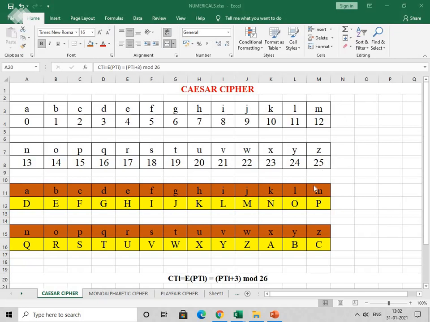Then, as there are a total of 26 letters, mod 26 is used to convert the last 3 letters, X, Y and Z, into A, B and C respectively.